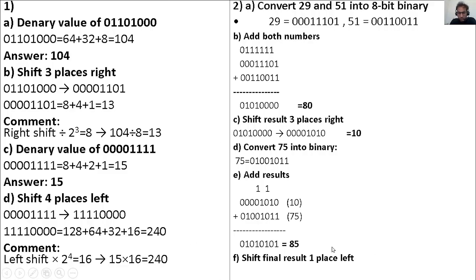That is it. Now 1, 2, 4, 8, 16, 32, 64. 64 plus 16 is 80, 80 plus 4 is 84, plus 1 is 85. So the result is correct. Now shift the final result 1 place left. If we shift it 1 place left, the end becomes 0 and the rest is shifted, so the result will be 170.